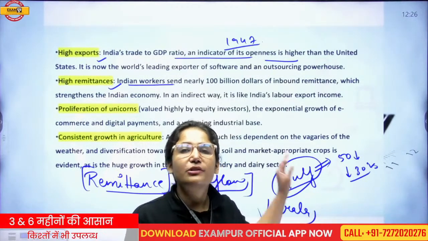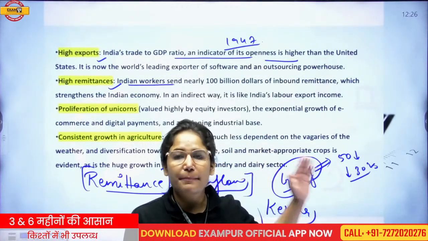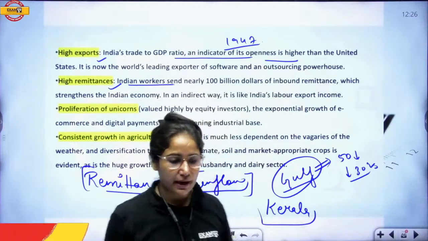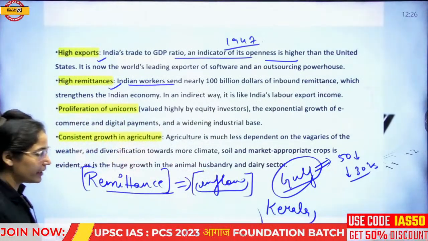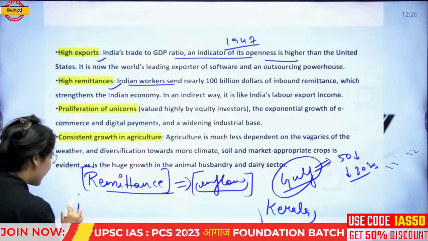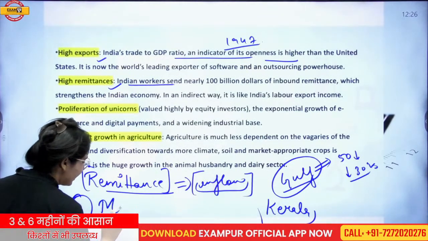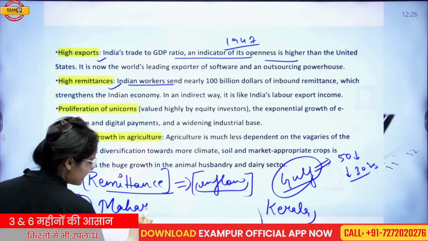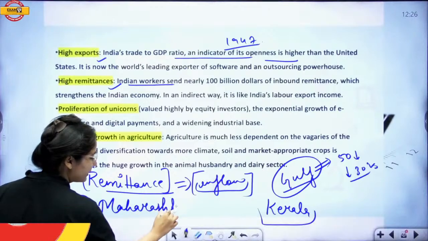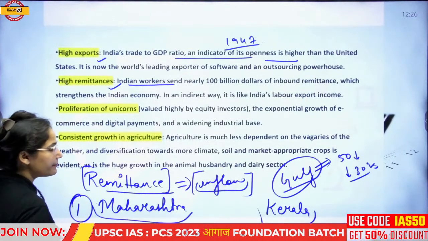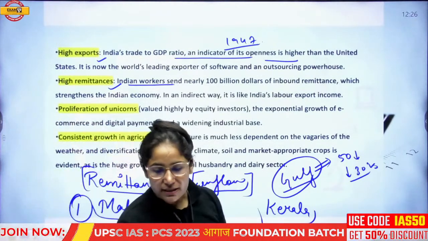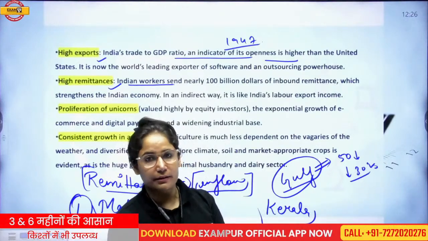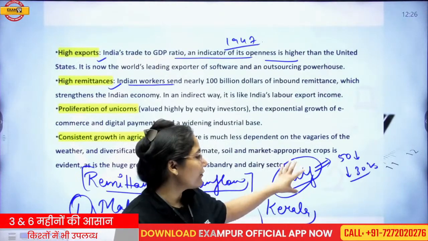It used to be the topmost remittances recipient of the Indian economy. Now this place has been acquired by Maharashtra, and you can make a link over here because they used to earn from the Gulf countries.